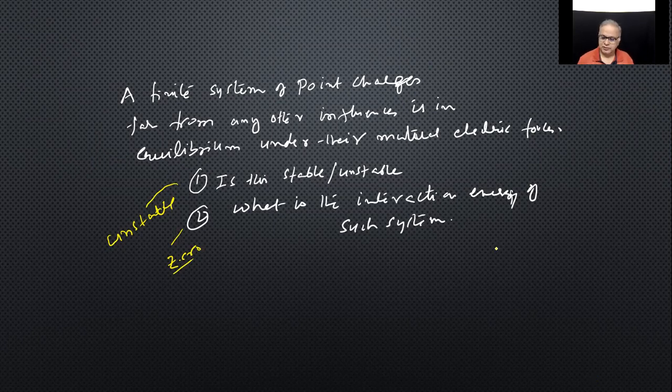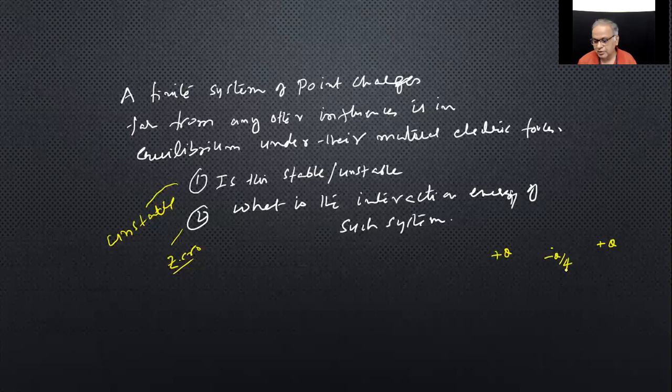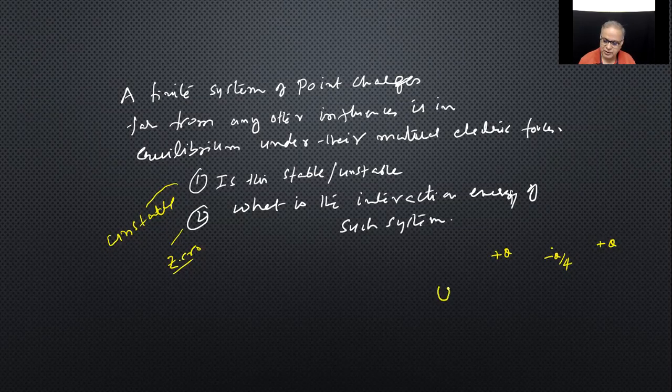For example, plus q I have free. Here I had minus q by 4. So potential energy of the system will be, can I write like this? U equals k into, this is R, this is R by 2. K into plus q into minus q by 4. See, for potential energy, you should put the signs.